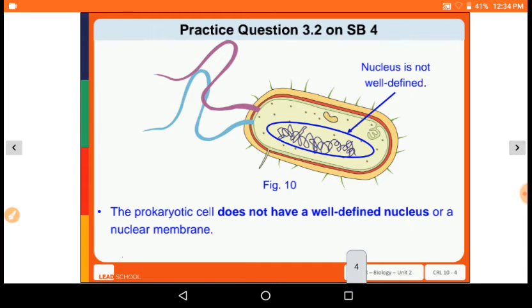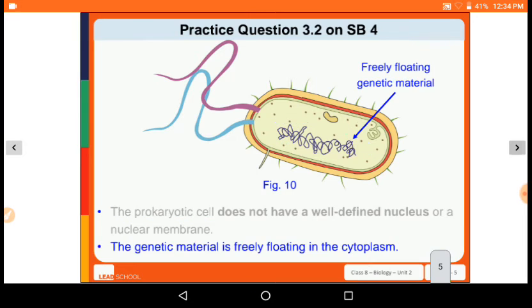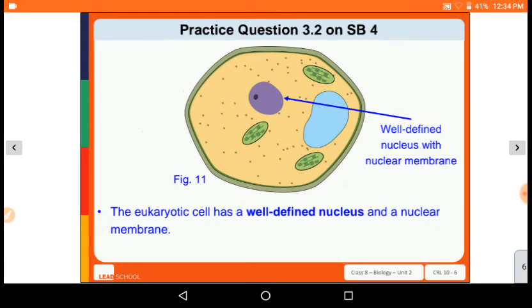The nucleus is not well defined, that's why figure number 10 is prokaryotic. The prokaryotic cell does not have a well-defined nucleus or nuclear membrane, and the genetic material is freely floating in the cytoplasm, so it is a prokaryotic cell.